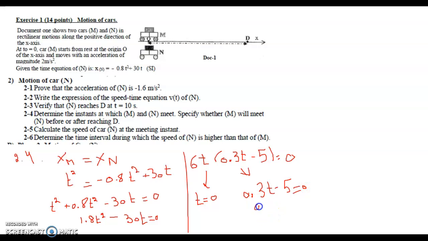So 0.3t equals 5. T equals, divide both sides by 0.3, sorry. So what do we obtain in this case? Using your calculator, you can find the answer. 5 over 0.3 is 16.66.